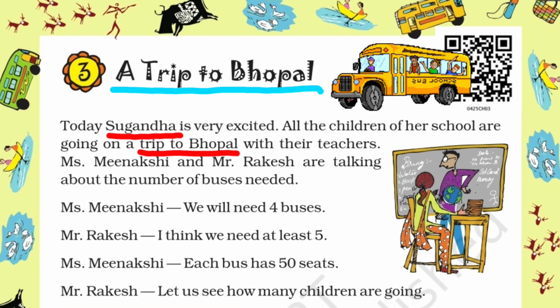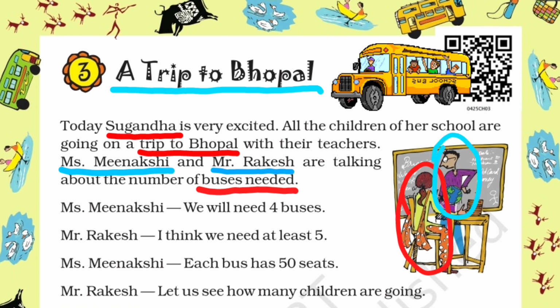Alright. So now the students along with their teachers are planning the trip to Bhopal. Mrs. Meenakshi and Mr. Rakesh are talking about the number of buses needed. Let's look at this picture. She is Mrs. Meenakshi and he is Mr. Rakesh. Both of them are teachers in the school and they are discussing the number of buses needed for this trip.